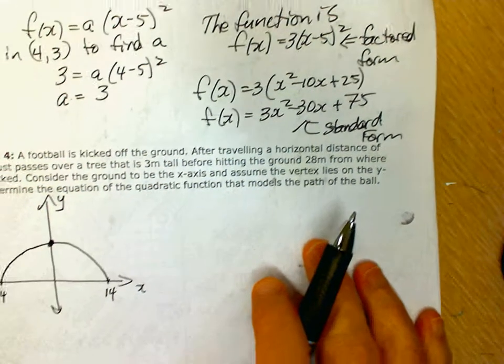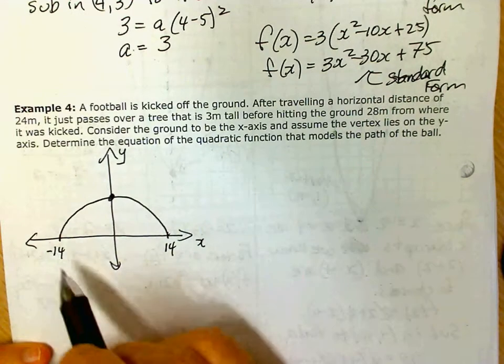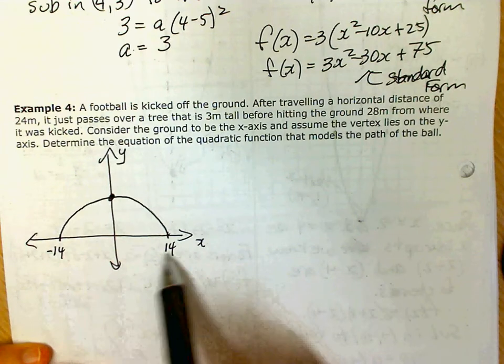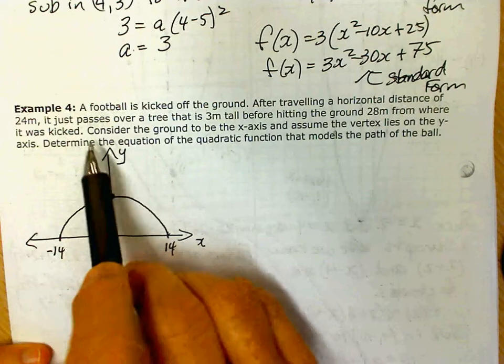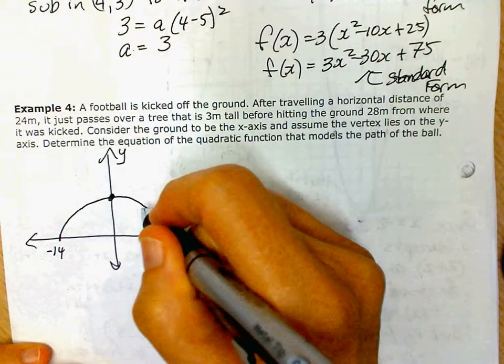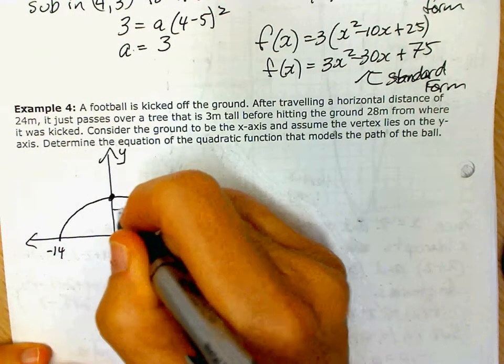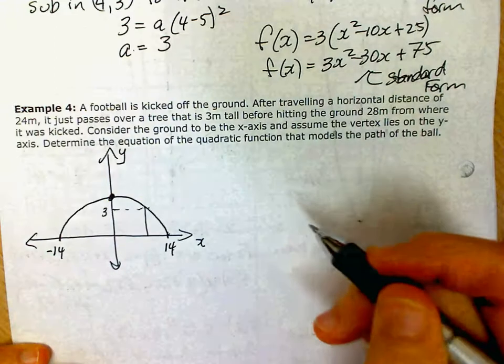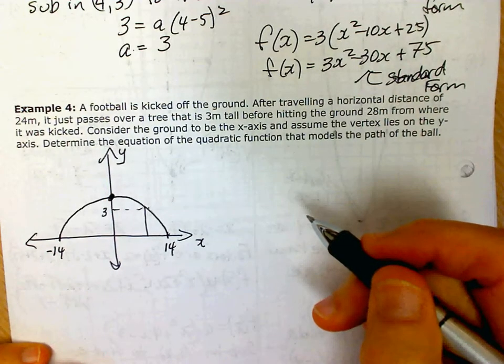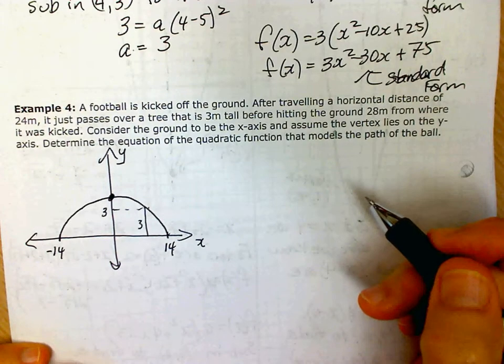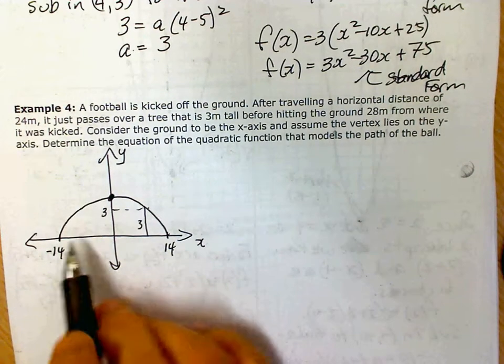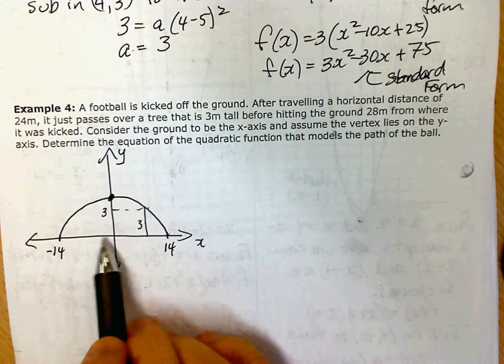Okay. So I guess we'll have two x-intercepts, at negative 14 and 14, but they're also telling you it passes over a tree that is 3 meters tall. This is 3, right? And it's at 24 meters. So 24, so this is 10.